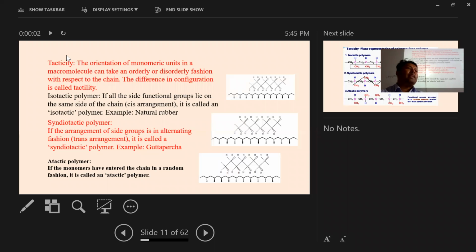Sometimes we can have the functional groups on one side, then we call it isotactic. One side up, one side down, one up, this way, we call it syndiotactic. And if there is no pattern, randomly, one here, another here, in that case we have an atactic polymer.